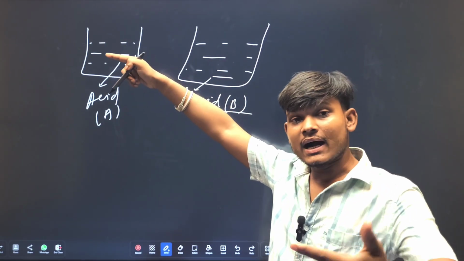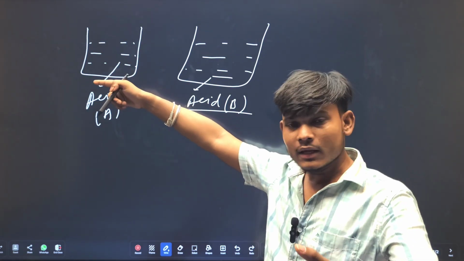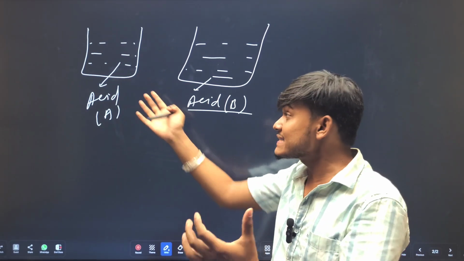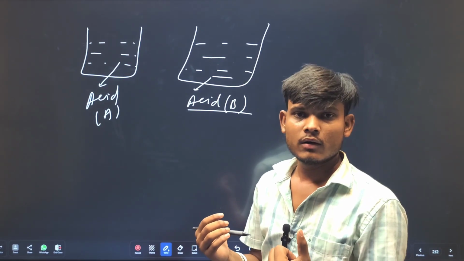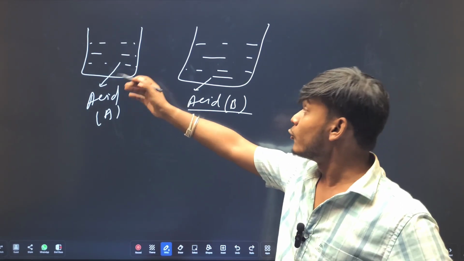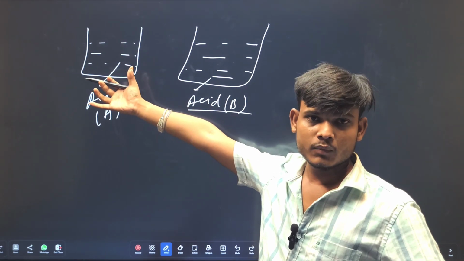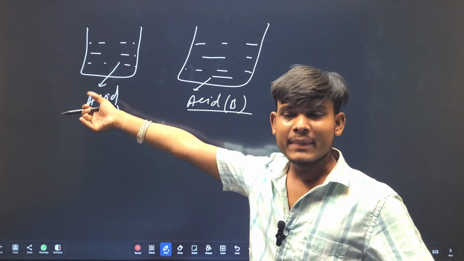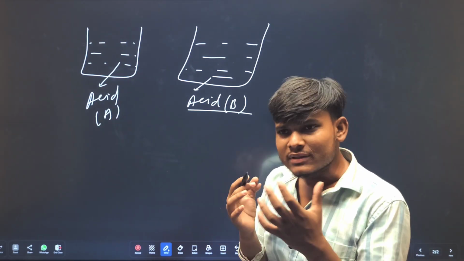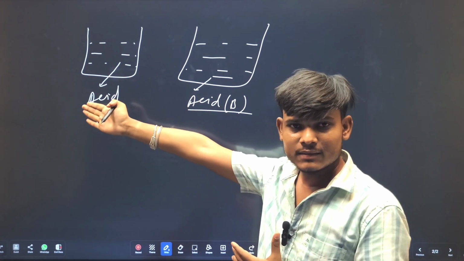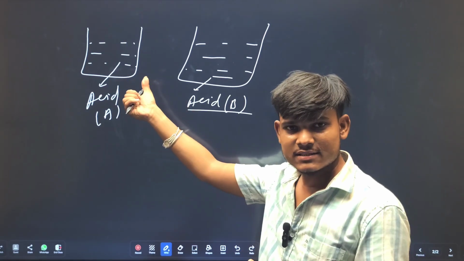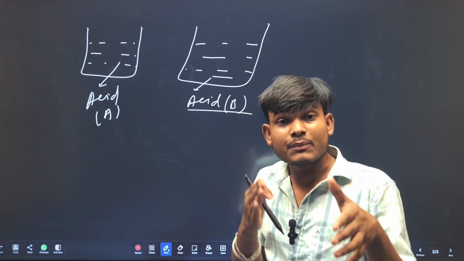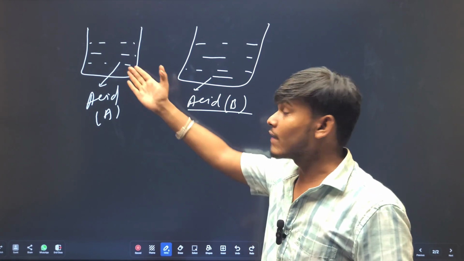But can you tell me which acid is more acidic, which acid is more powerful, which solution has more acidic nature? Means, can you tell me the strength of these acids? And if you are able to tell, which concept are you using to give the answer?